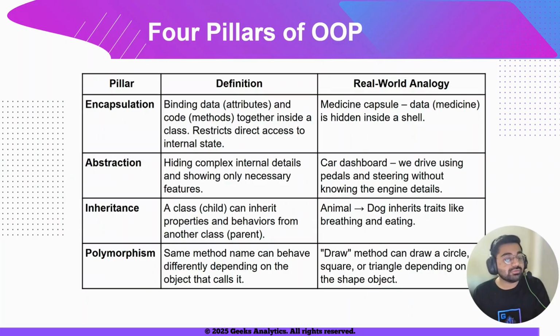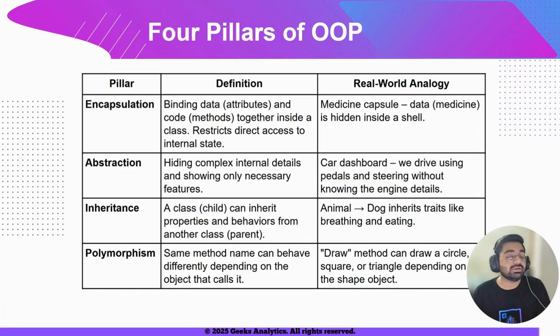Then we have polymorphism. A function name can behave differently depending on the context. For example, you can have a draw function. Inside it, there are conditions: if the user only wants a circle, or wants a rectangle, where the user passed the length and width the same, then the rectangle function will actually draw a square.